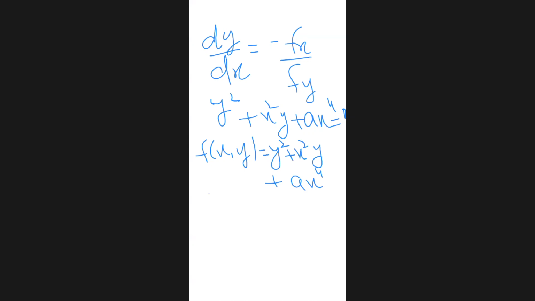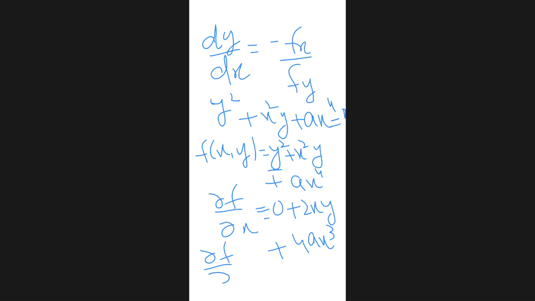Now you will have to calculate partial f by partial x. This will become 0, and x squared's derivative gives 2xy plus 4ax cube. Now partial f by partial y is 2y plus x squared plus 0.